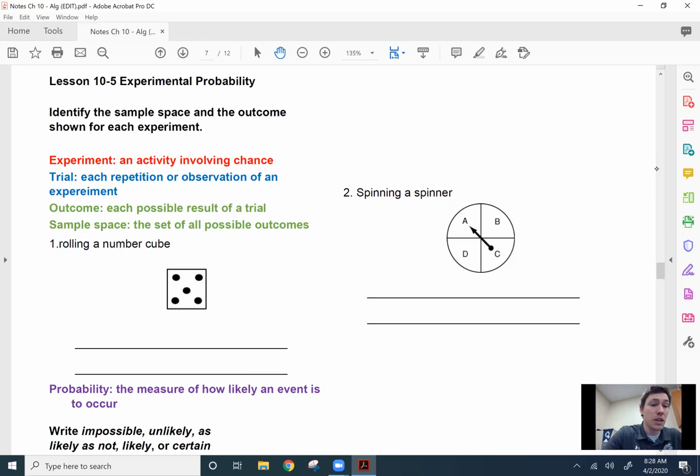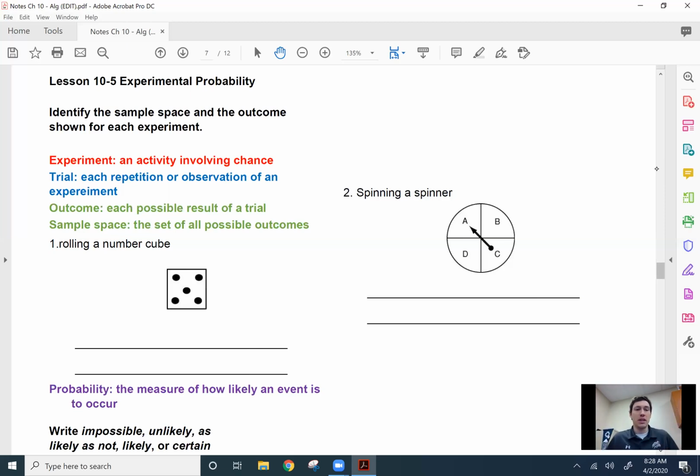The sample space, for example, on a number cube, would be that I can roll a 1, a 2, a 3, 4, 5, or a 6. There's no such thing as rolling a 7. There's no such thing as rolling a 3.5. Those are my only outcomes, all 6.